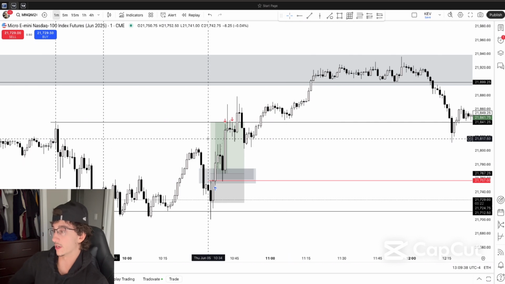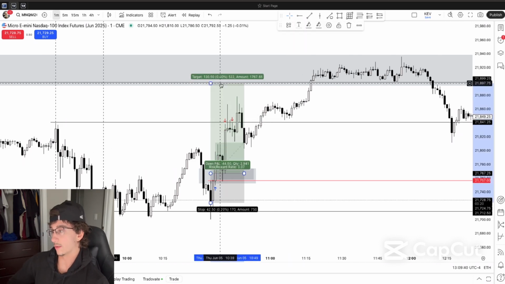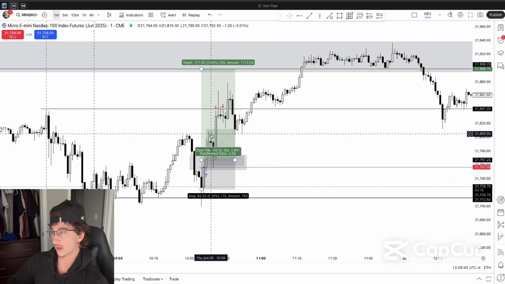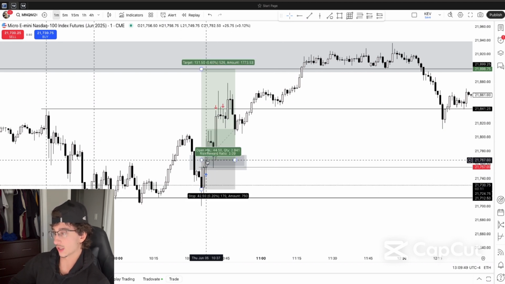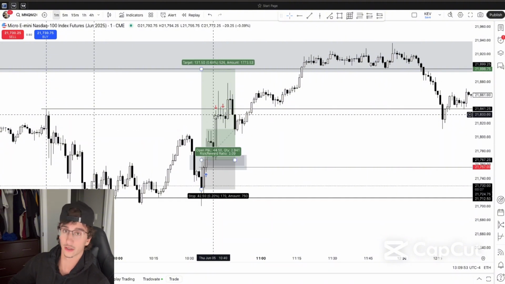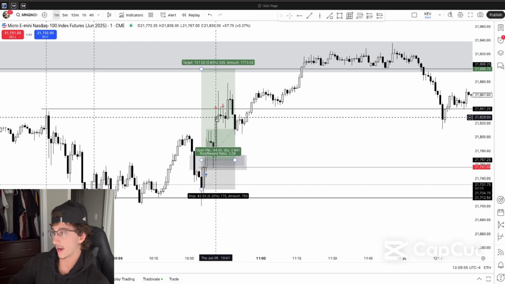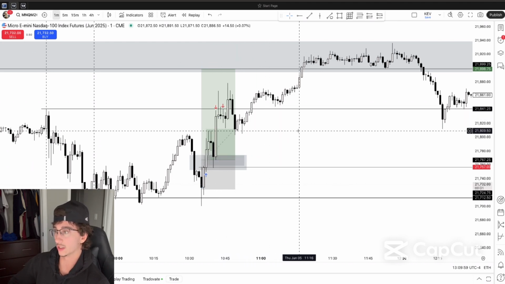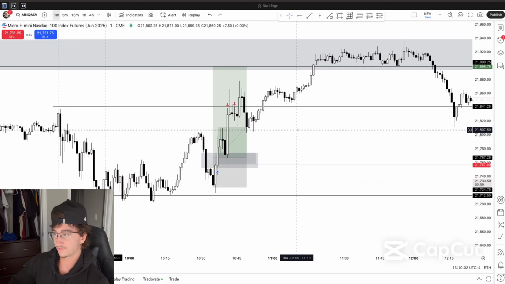Something I could have done better was holding out my initial final take profit. There wasn't much risk on the table after taking out my first take profit because I moved my stop to break even, and I was only trading 3 units on the micro today. So after I took out my first take profit, which was 2 units, I only had 1 unit running, which wasn't much.